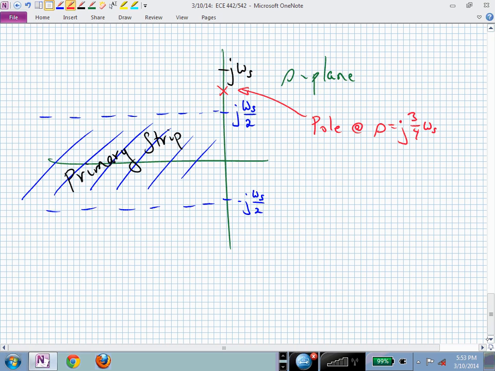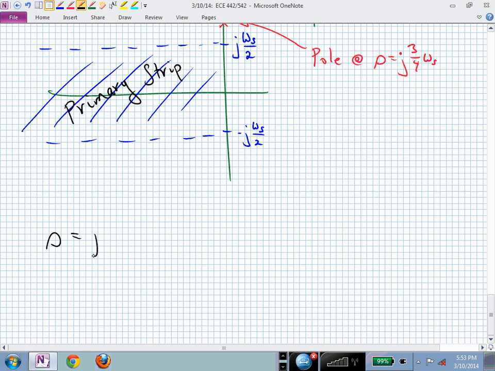In terms of s, we now have s is equal to j 3/4 omega sub s, but we also can write omega sub s in terms of the sample period. Omega sub s is 2 pi f sub s, but f sub s and capital T are reciprocally related. Omega sub s is just 2 pi over cap T, where cap T is our sample period.